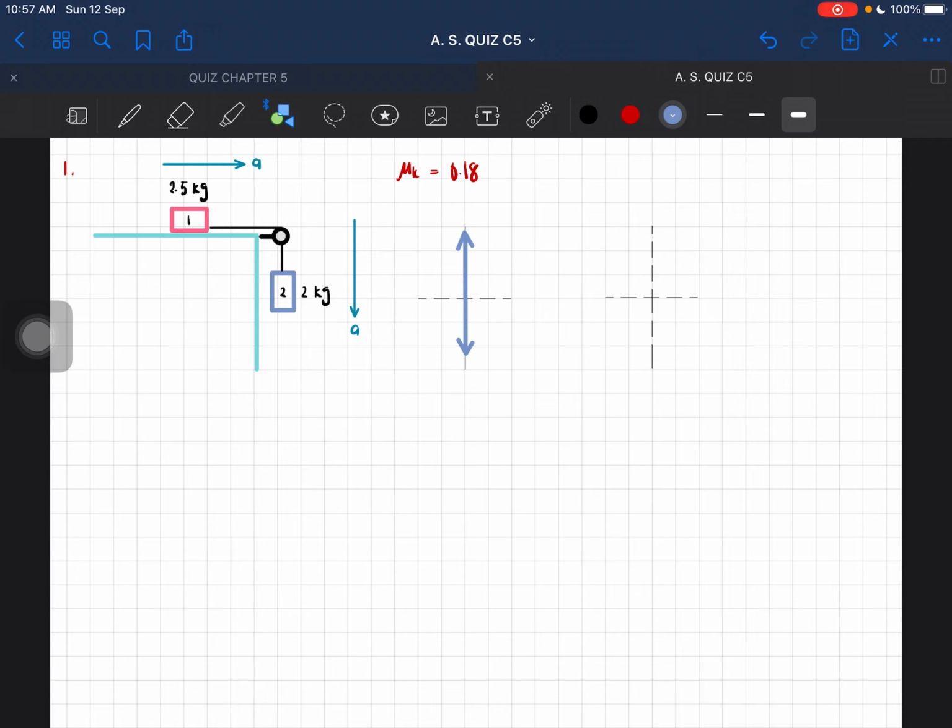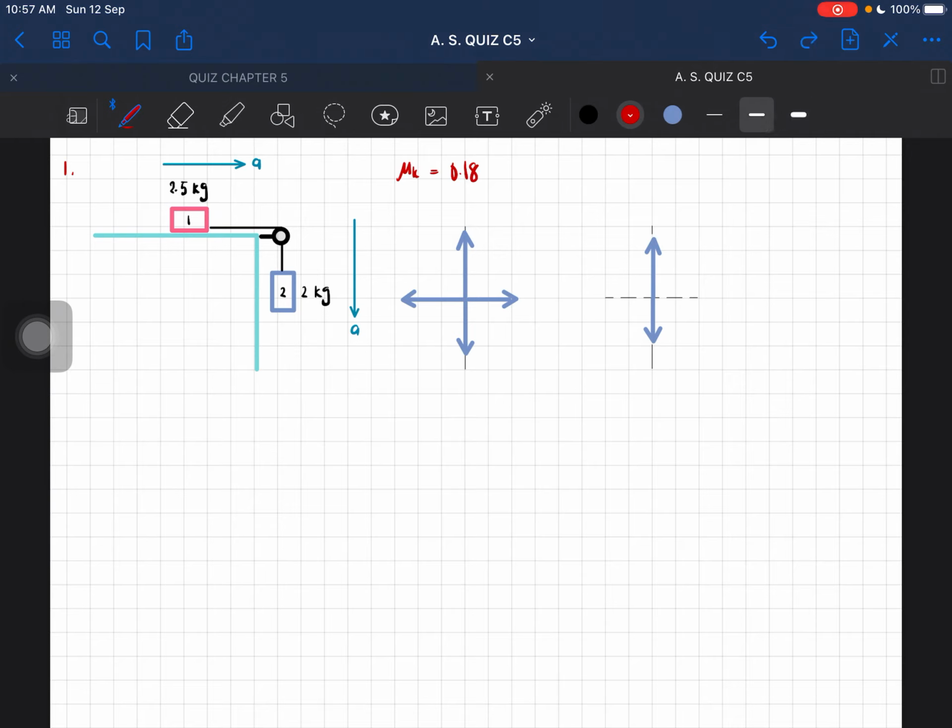It is not a frictionless surface, so it has friction opposing the motion of the block. And there is a string, so there is tension. The second block only has weight and the tension. That is it for the free body diagram.